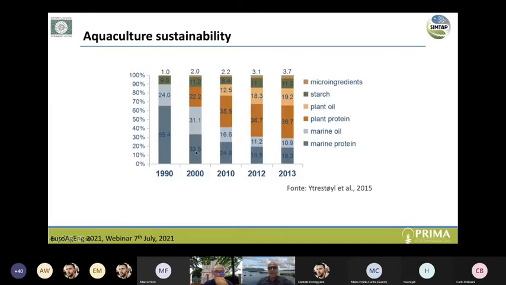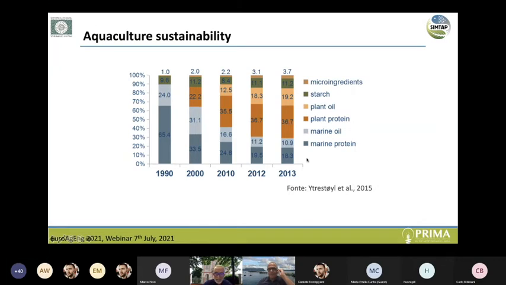So far, this graph just shows the quantity of marine protein, notably fish meal, which was used in the past. 65% of the aquafeed was fish meal, and thanks to the research in about 20, 25, 23 years, the quantity of fish meal in aquafeed is nowadays reduced to 18% more or less.